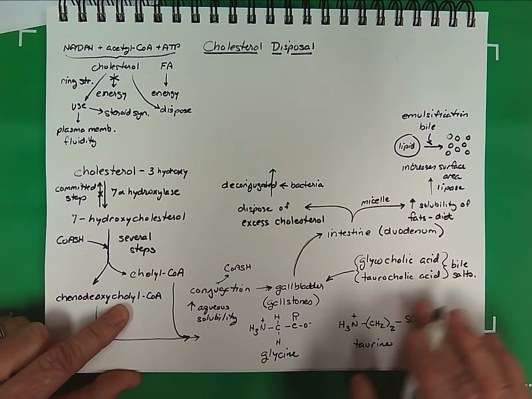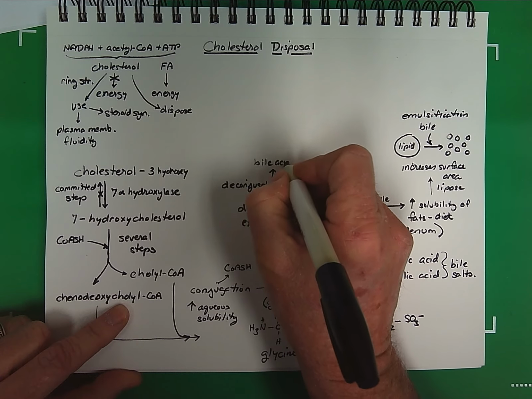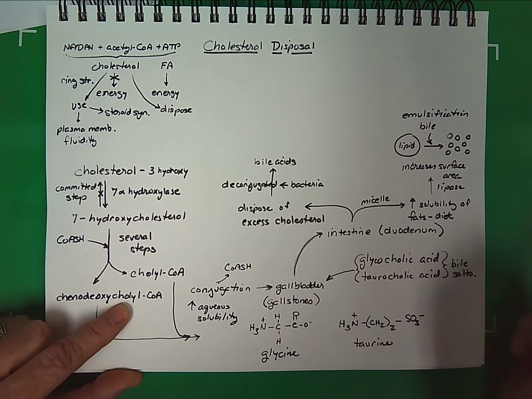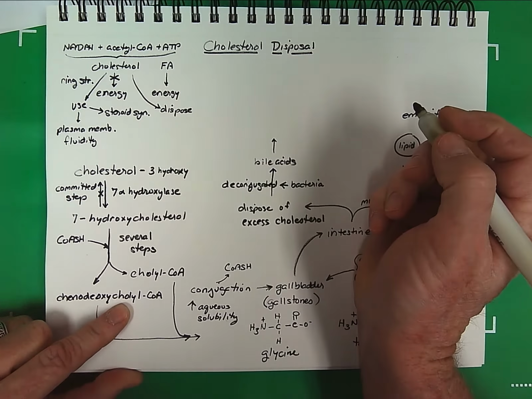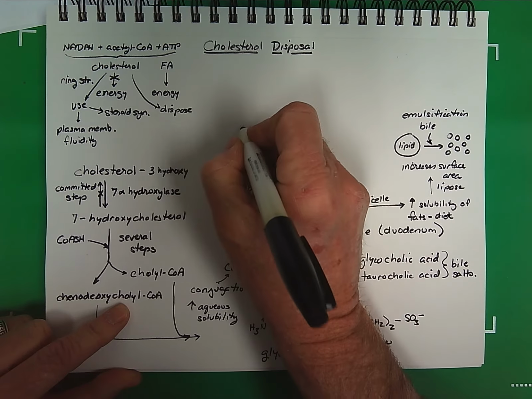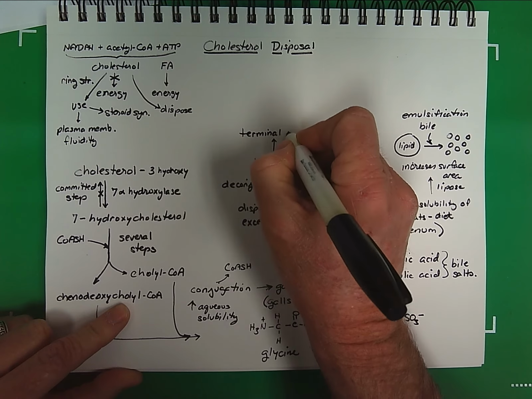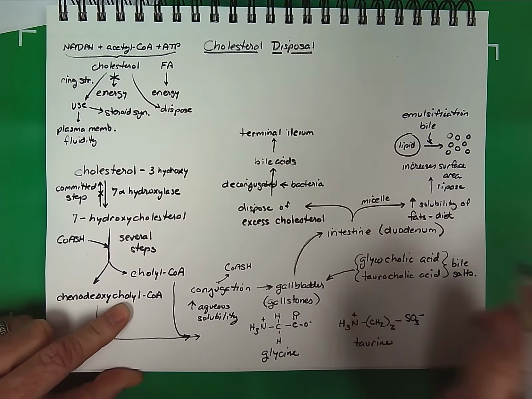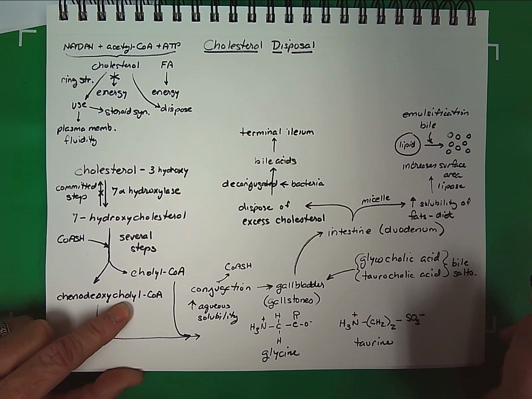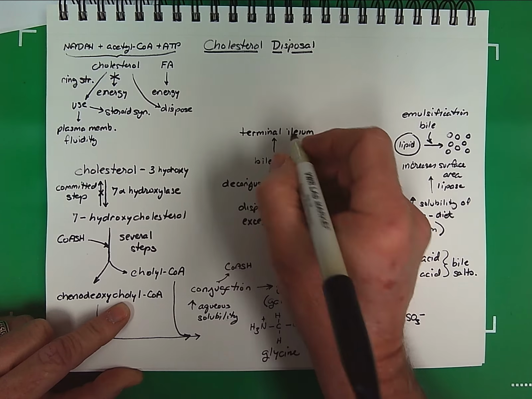So therefore, instead of having bile salts, we now have bile acids. And these bile acids are taken up by a certain portion of the intestine. This location is at the terminal ileum. The terminal ileum, of course, is the last portion of the small intestine.